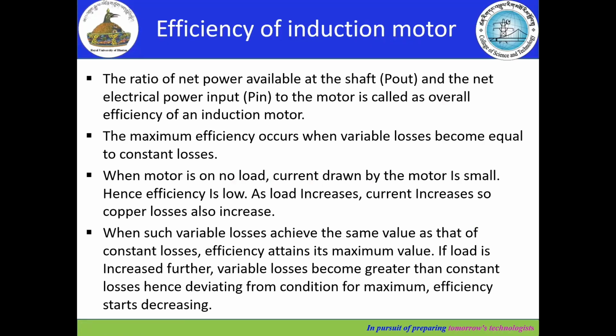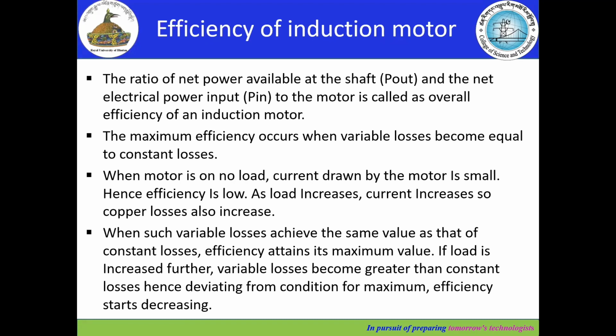Efficiency of induction motor. The ratio of net power available at the shaft and the net electrical power input to the motor is called the overall efficiency of an induction motor. The maximum efficiency occurs when variable losses become equal to the constant losses. When the motor is on no load, current drawn by the motor is small, hence efficiency is low.